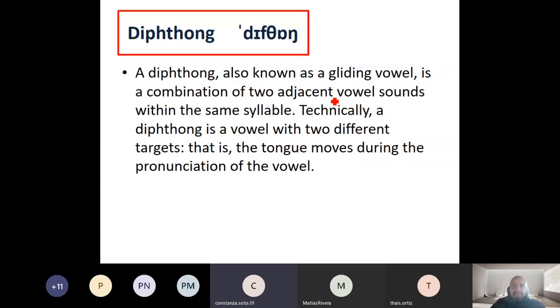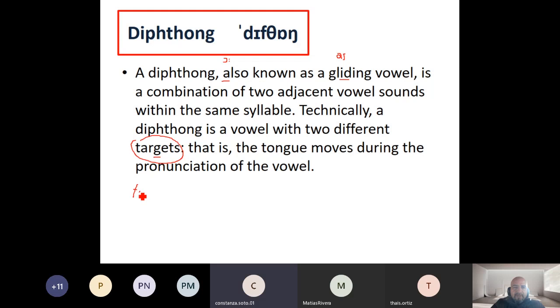All right, excellent, thank you so much. Remember also, gliding, and targets. This is a very interesting word. You can separate it, right?